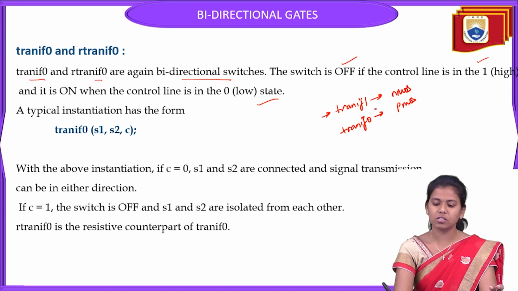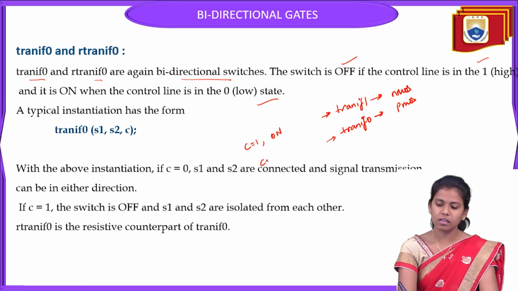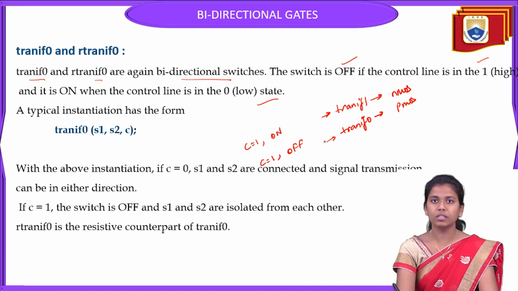In an NMOS transistor, or in tranif1, we have seen that when the control signal is 1, that is, high, the switch is in on condition. Similarly, in tranif0, the switch is off when the control signal is high. This mechanism is like the PMOS transistor.